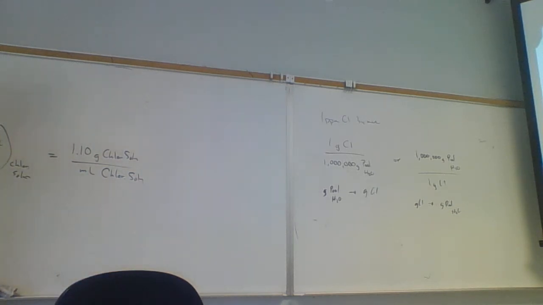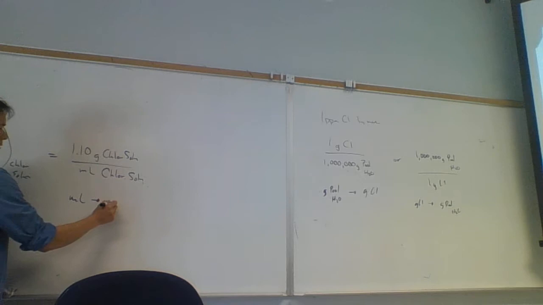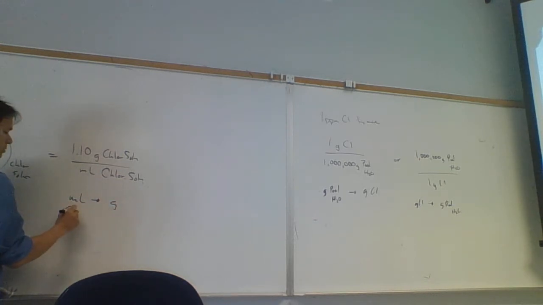And so it just relates the grams to milliliters. So if you had 1,000 milliliters of chlorinating solution, how much would that weigh? And so this would tell it. So this converts milliliters to grams of chlorinating solution.